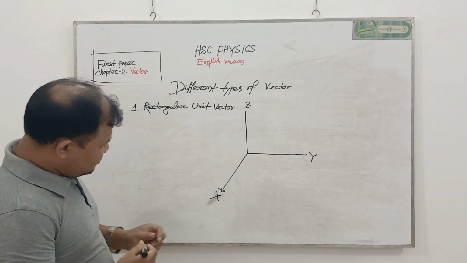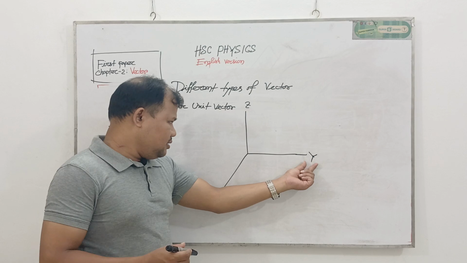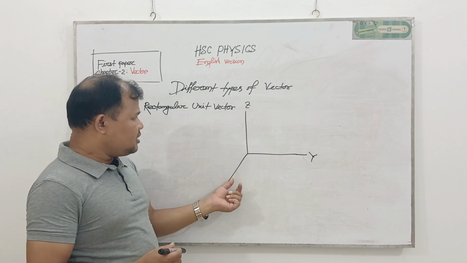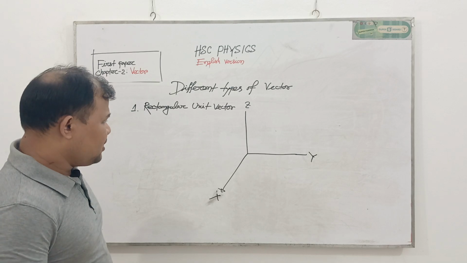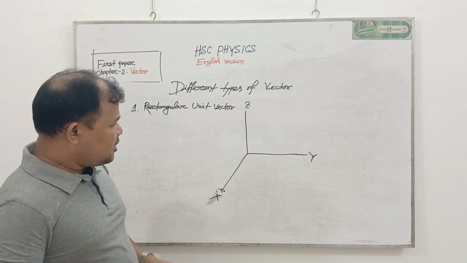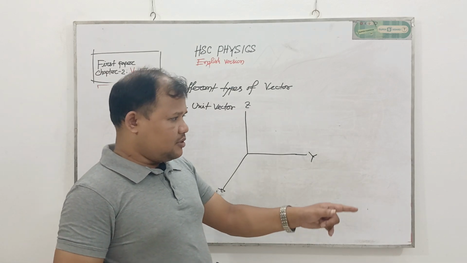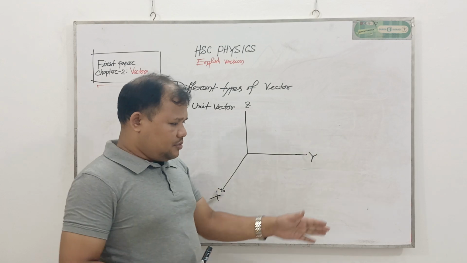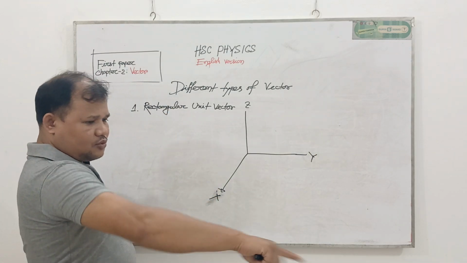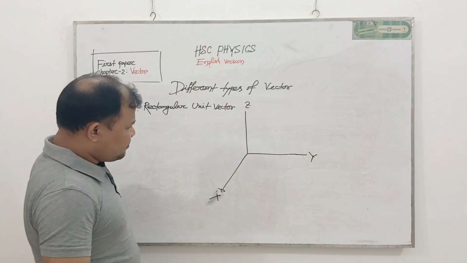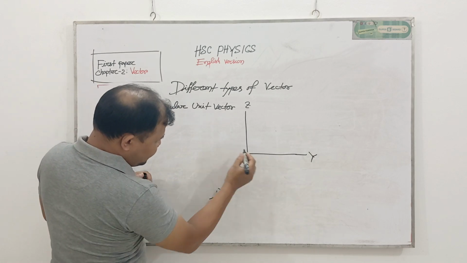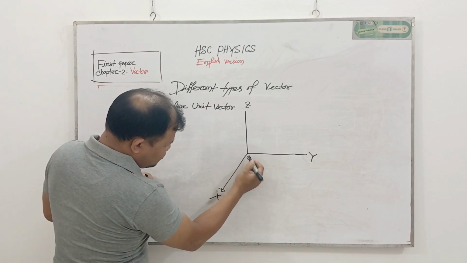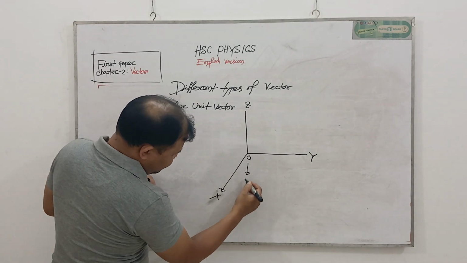My dear student, x and y will be perpendicular to each other and y and z are also perpendicular to each other. Okay, you just imagine the corner of your room: suppose this is your room, you just imagine this is the x axis, y axis and z axis. My dear student, these three axes intersect at a point. The name of this point is O. O is the origin.